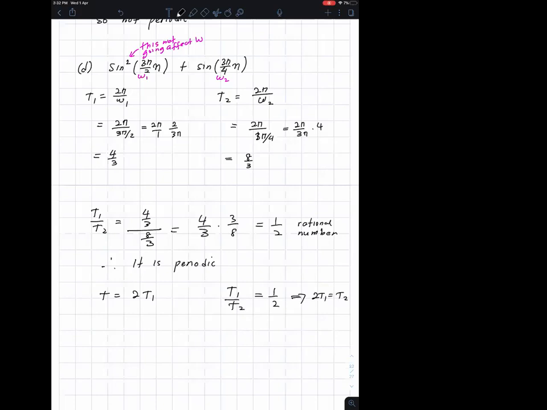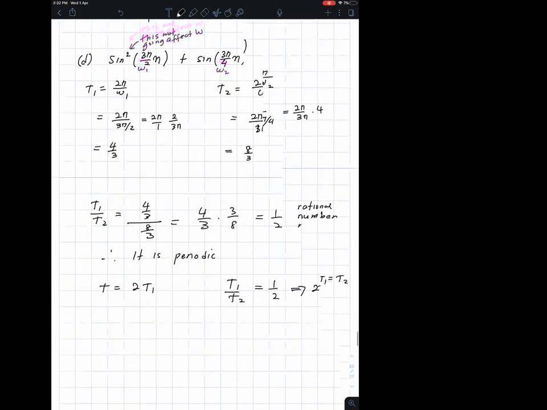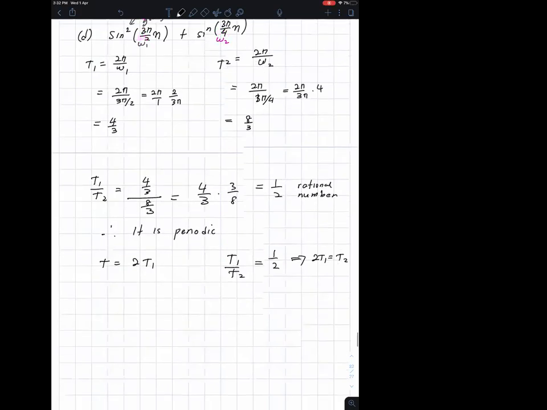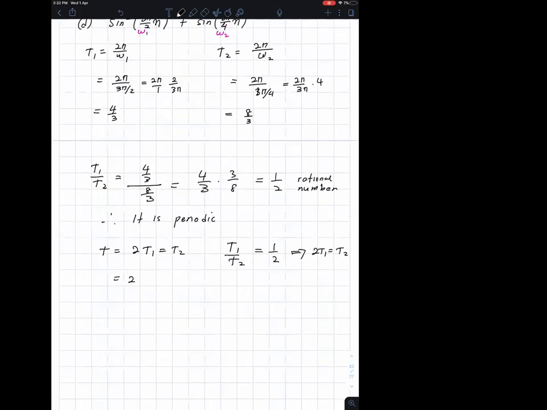So the period is 2T1 or T2, and they give you the same answer. Simply, T2 is 8 over 3, so the period is 8 over 3.